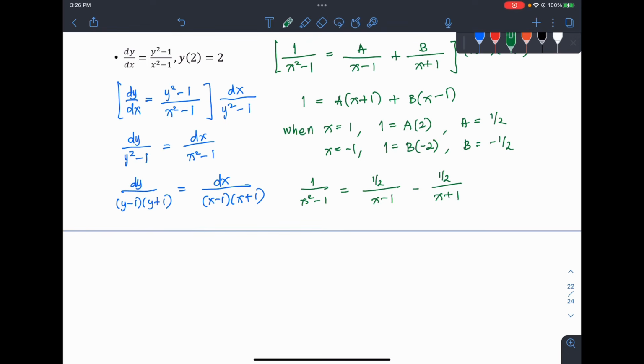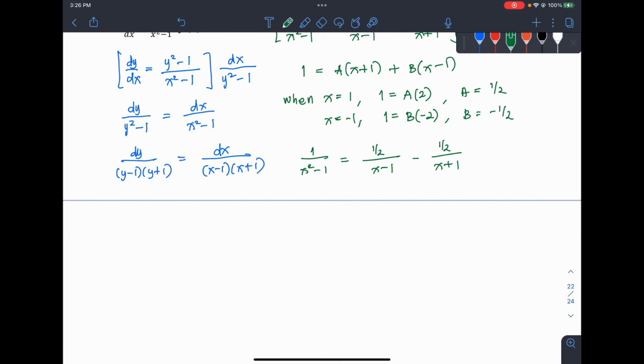So we change dy over y minus 1 times y plus 1 to its equivalent. It's actually the same, so we just change x to y. So dy will be 1/2 over y minus 1, then minus 1/2 over y plus 1.